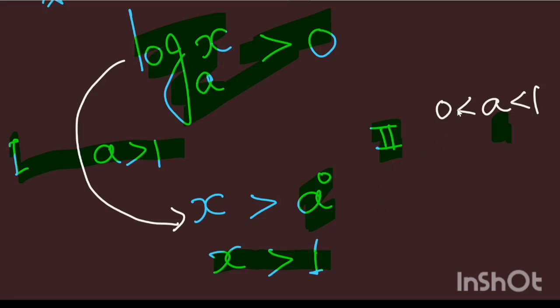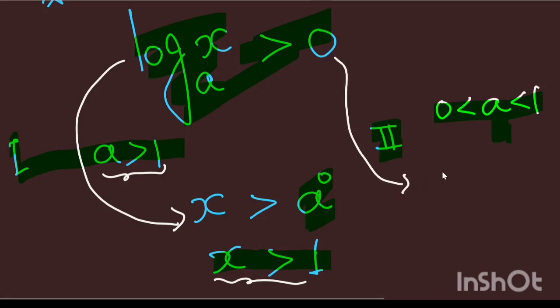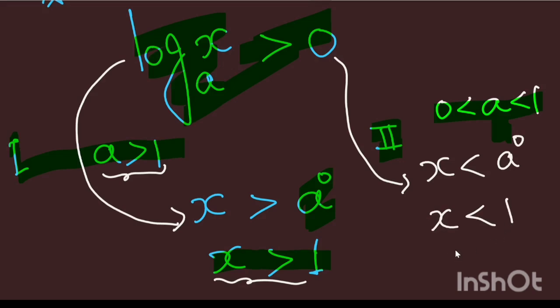So we can say that when a is greater than 1, x is greater than 1, and in that case log x base a is positive. In a similar way, if a is between 0 and 1, guys, in the next step we can write x with a to the power 0, but the greater than sign would be replaced by a less than sign, again from the law of logarithmic inequality, so it becomes 1.